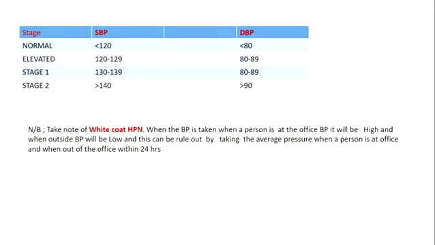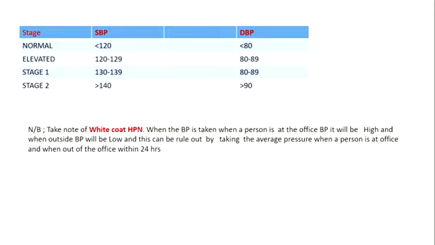So you will see the different range, and when you can see that the patient has a normal pressure when he or she is at home or outside the job place, you can say that this patient is not hypertensive, but has what we call white coat hypertension caused by stress at the office. So maybe when someone enters the office, he has a lot of job pressure, anxieties are there, so there is a rise in blood pressure.